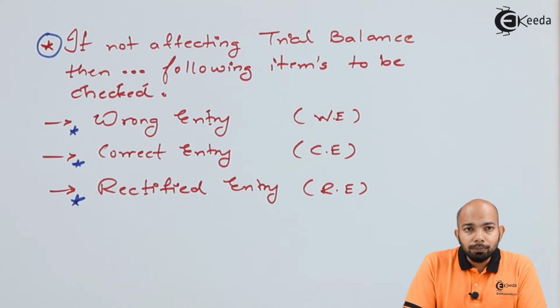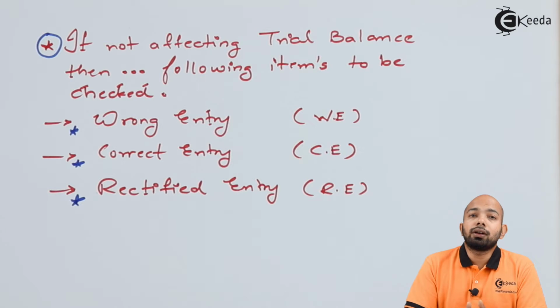When the suspense account is not really required, in such cases we need to check which accounts have already had multiple errors, and that's the reason these multiple errors are not reflecting in the trial balance difference. So when we speak about errors not affecting the trial balance, we need to make sure that a suspense account is not used, because the trial balance will have an equalized balance.